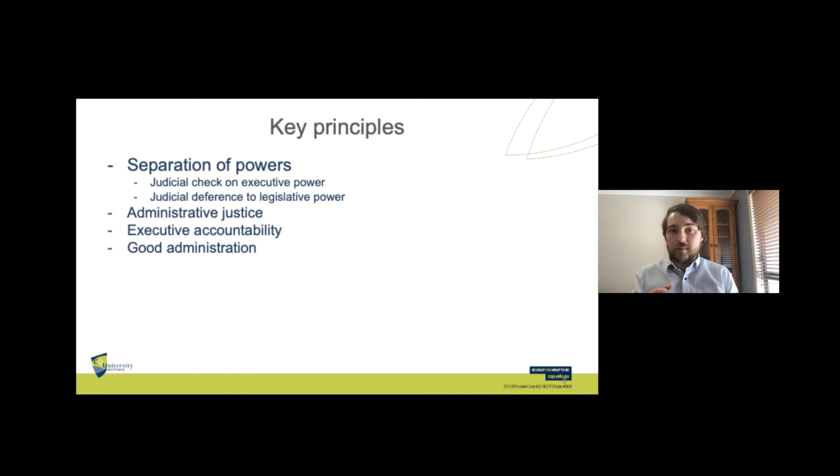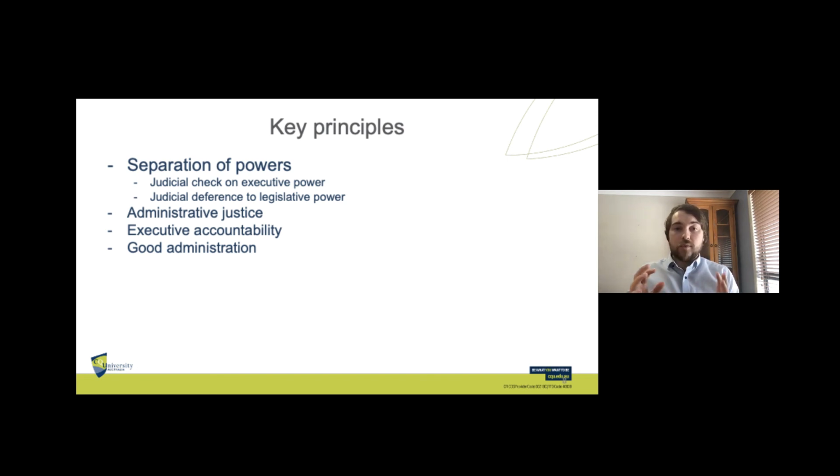At the same time, thinking about the separation of powers, we've got a fair amount of judicial deference to the legislature. It's not up to the judiciary to decide whether a particular law is good or bad. It's up to the judiciary to decide whether the executive followed that law or not.